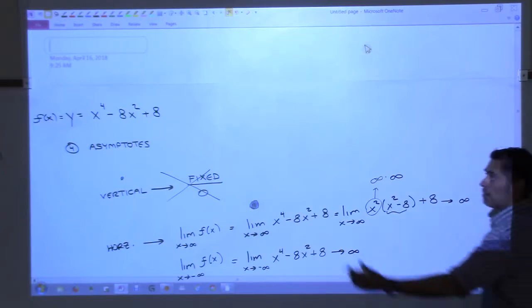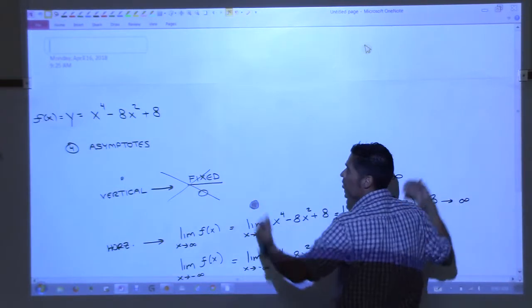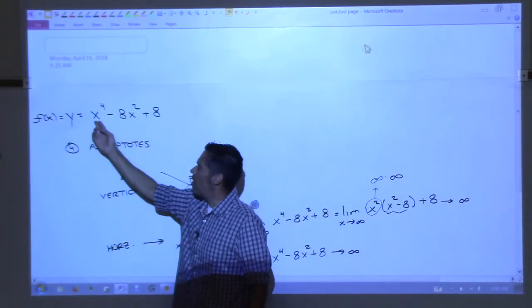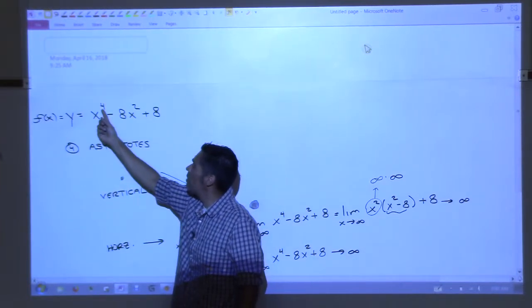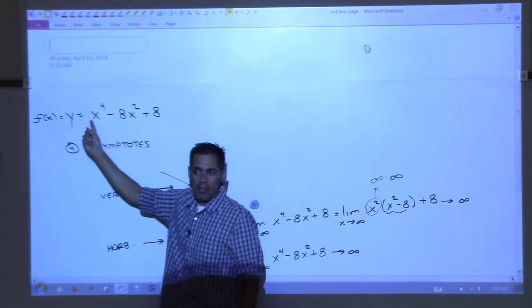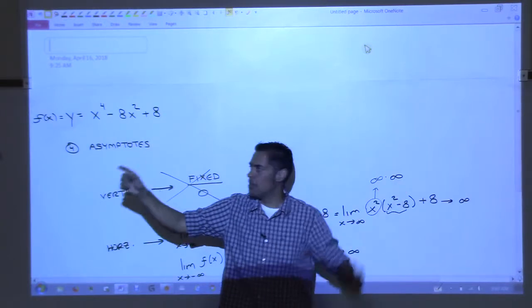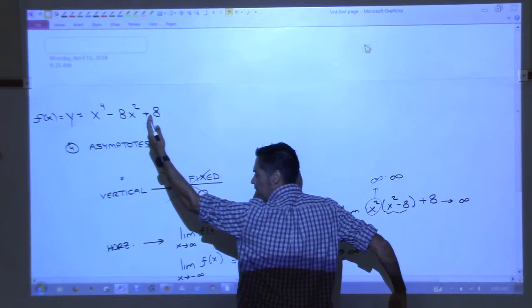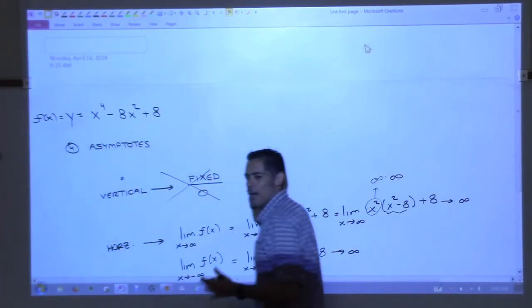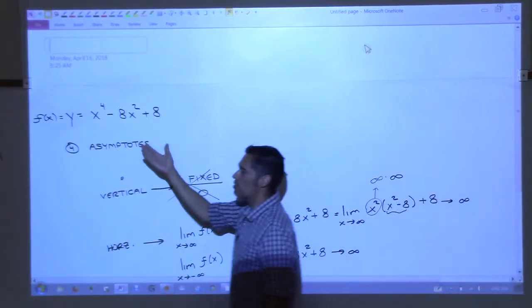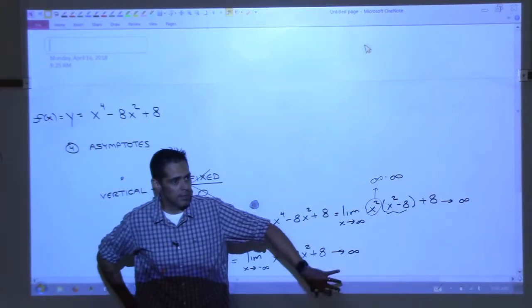So I know that my two sides are going to go like this, which in college algebra you should have been able to tell me already, because you were taught that if this was an even power and the leading coefficient was positive, which it is, a 1, the end behavior is this. If this had been odd, then it would be either like this or like this, depending on the leading coefficient. So yes, we could have answered that a long time ago, but in general, for arbitrary functions, you have to go through this process.